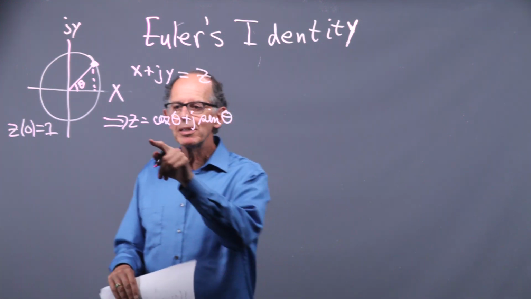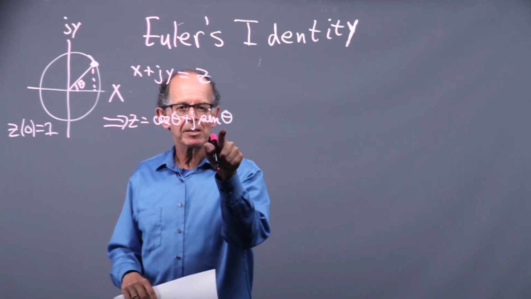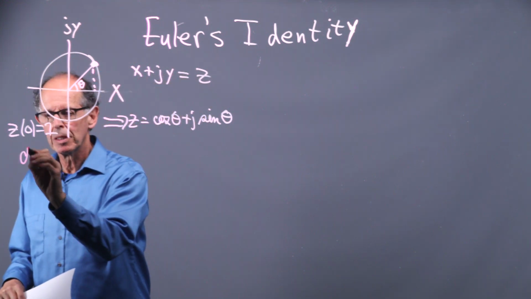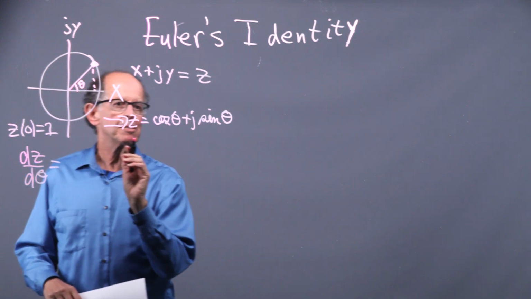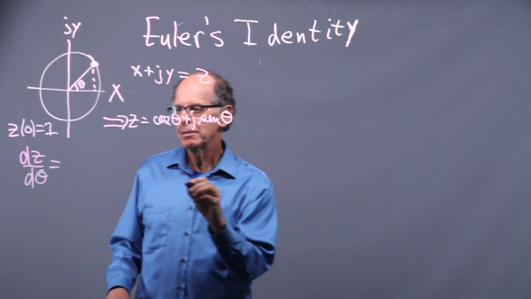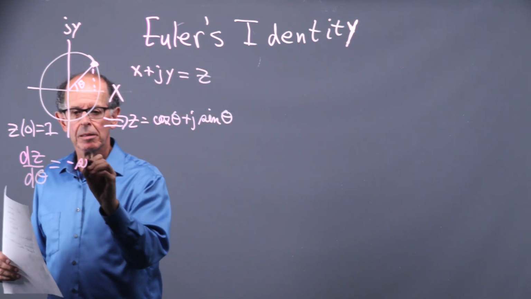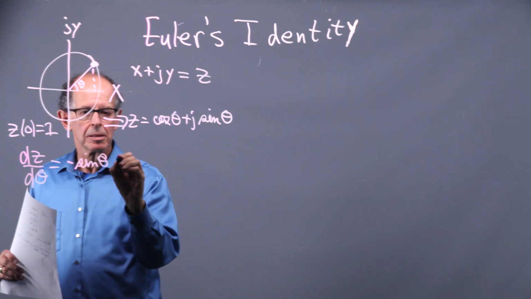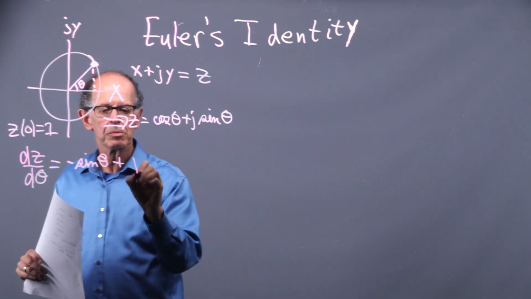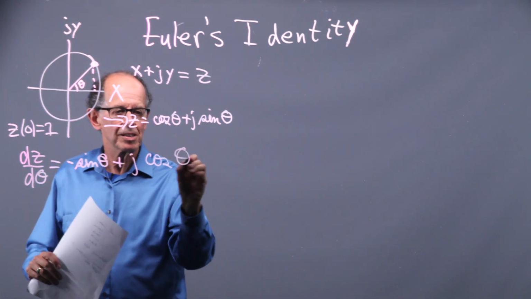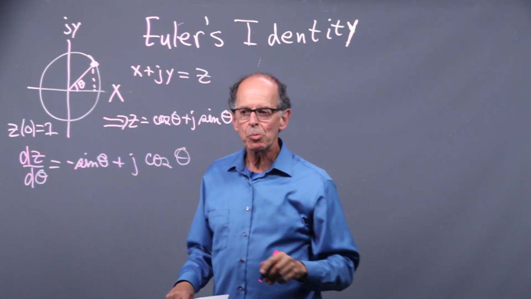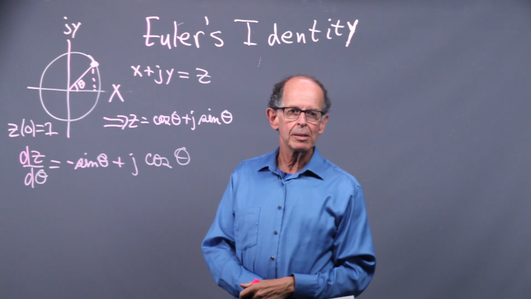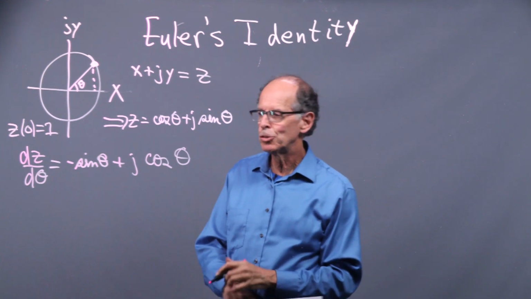All right, I want to differentiate this with respect to theta. We could do that because we've defined the angle properly. Minus sine theta plus j cos theta. Not a big deal. Notice that minus 1 can be written as j squared, so we can factor out a j.